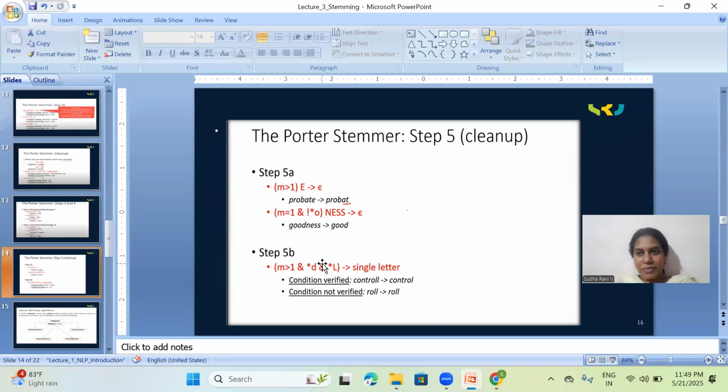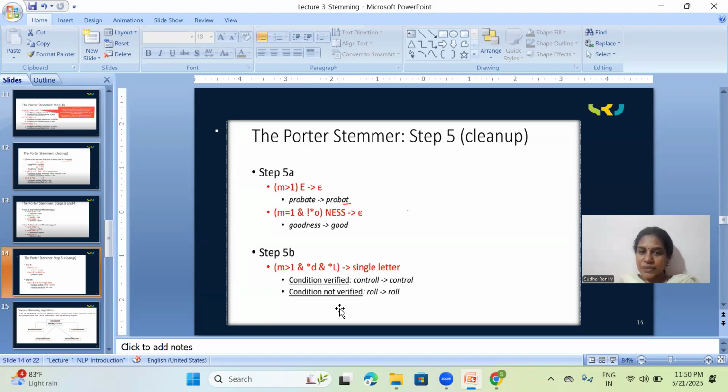Next, step 5b. m is greater than 1 and double L, single letter. Controll, CONTROLL, control. Roll means it is replaced with only one L. Replaced with a single L. Controll is replaced, double L is replaced only with one L. Here the condition is satisfied.